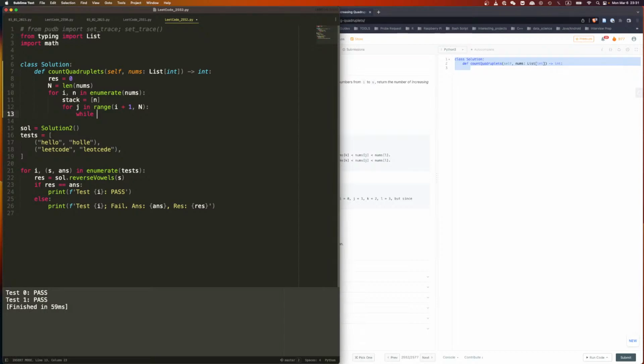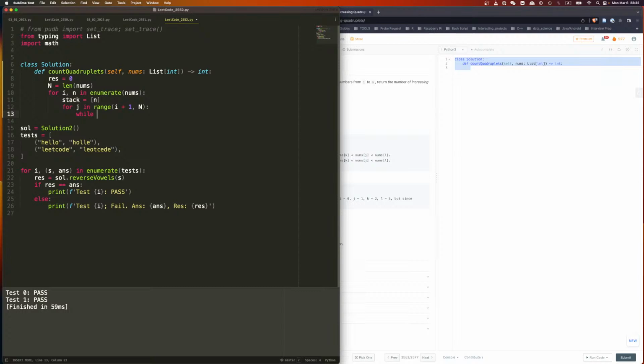But hold on. But the idea is, okay, so maybe we shouldn't call it the stack. The idea is to find everything that's larger than me. All right. Okay. If we find anything that's larger than me, then we put it in.